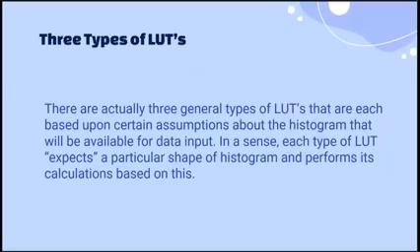In a sense, each type of LUT expects a particular shape of histogram and performs its calculation based on this. The important point here is that these three types of LUTs must be properly matched with the actual types of histograms acquired in order to avoid processing errors. It is essential that only that portion of the histogram be analyzed which is pertinent to the type of LUT that will be applied.